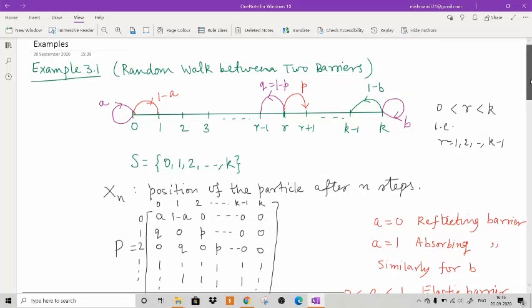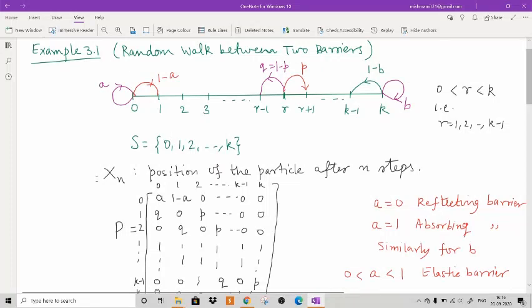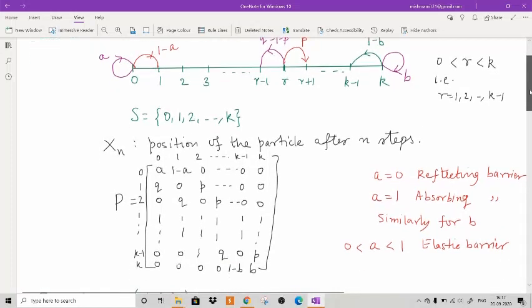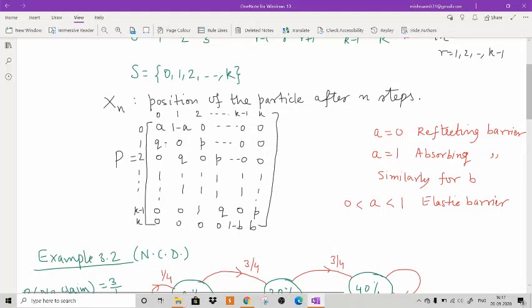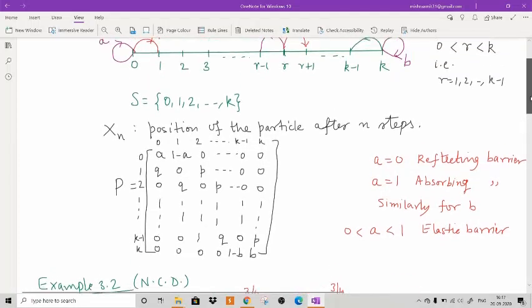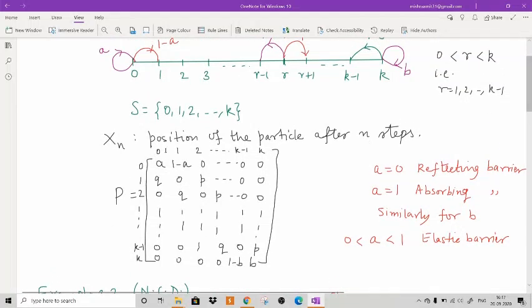If we consider that capital Xn is the position of the particle after n steps, then one can easily see that this is a time homogeneous Markov chain, and its transition probability matrix will be this. If you move from 0 to 0, there is a probability a associated with that. If you move from 0 to 1, there is a probability 1 minus a, and you cannot move from 0 to other states, so those probabilities will be 0.